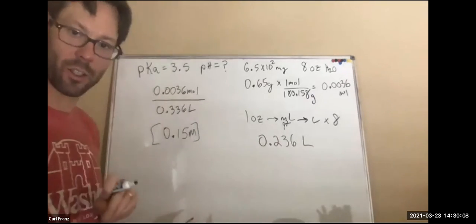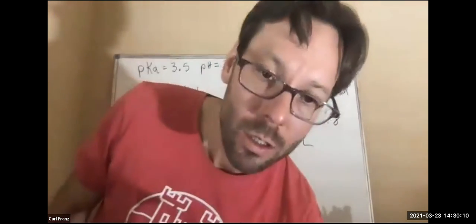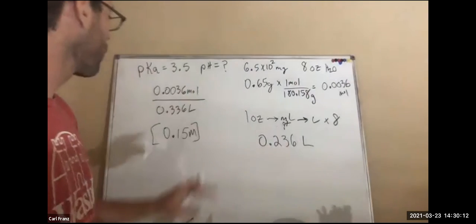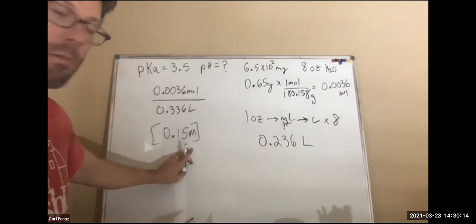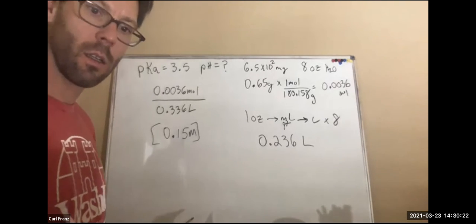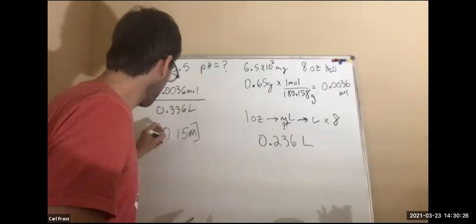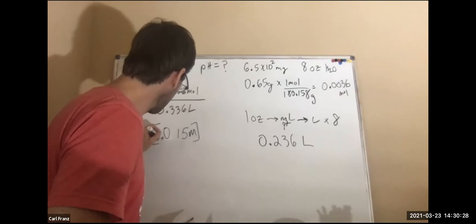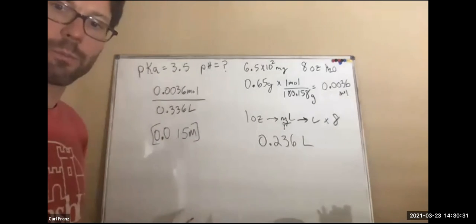That's our concentration. All right. So we have our concentration. Sorry, it's 0.015. Oh, I'm sorry. Is that what you guys said? Or 0.15? Yeah, 0.015. Gotcha. Thank you, Hannah.